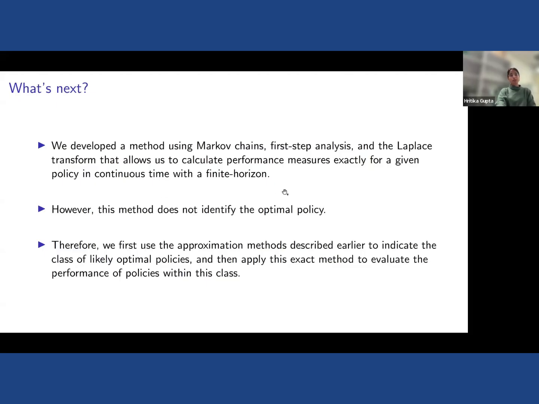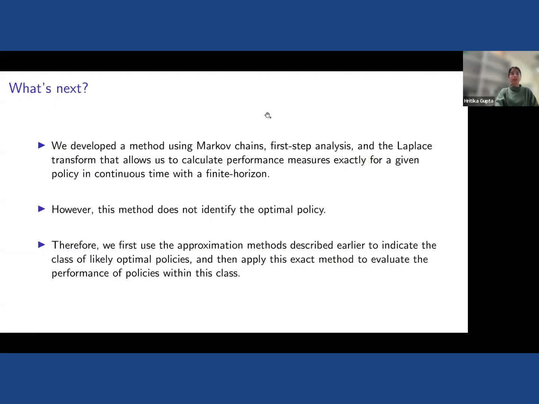That I can do in the continuous time finite horizon case, but this one does not allow you to find the optimal policy. Therefore, we first use the approximation methods described earlier to indicate the class of optimal policies, and then apply this exact method to evaluate the performance of policies within this class. Now, we'll briefly talk about this method and how it allows us to evaluate these optimal policies.